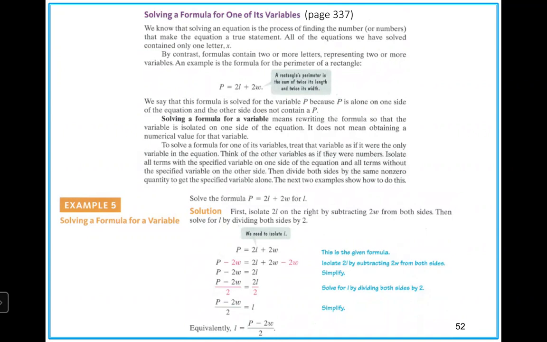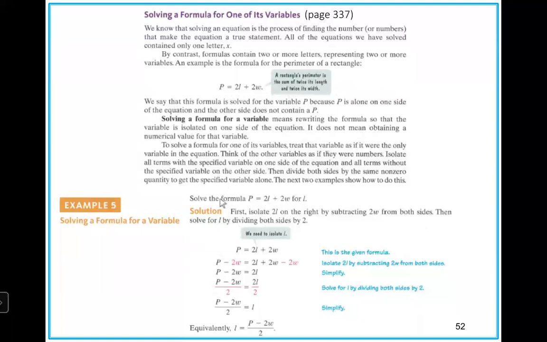Okay. So on page 337, you'll see where it talks about solving a formula for one of its variables. So this formula here is the formula for finding the perimeter of a rectangle. P equals 2L plus 2W.